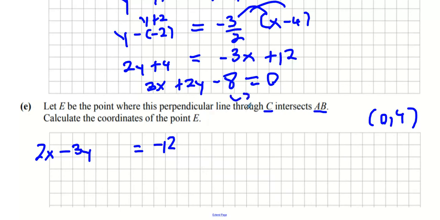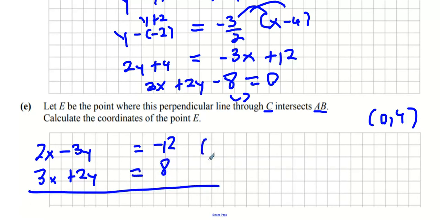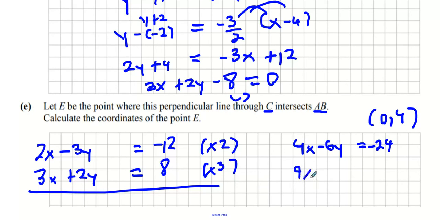Next one, I'm going to move the 8 over the other side. So we have 3x plus 2y equals 8. Multiply the top equation by 2, the bottom equation by 3. So we're going to get 4x minus 6y equals minus 24. And then on the bottom we're going to get 9x plus 6y equals 24.